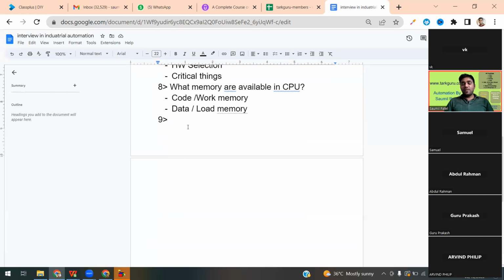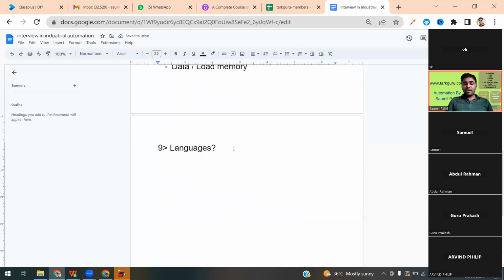Yeah. Now, one another important thing, languages. Am I right or wrong? If you don't know what kind of languages are used inside industrial automation, then it is a very big mistake, right? Generally, the interviewer asks, you might have heard about the STL language, statement list. You have structured text, right?